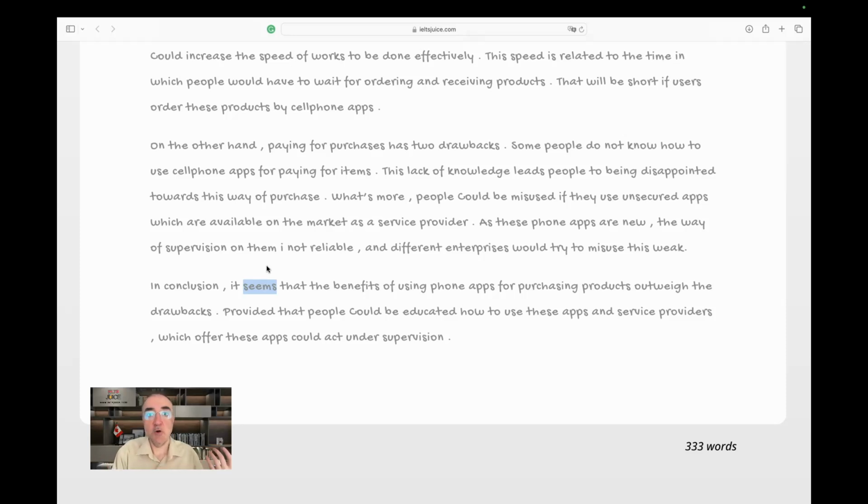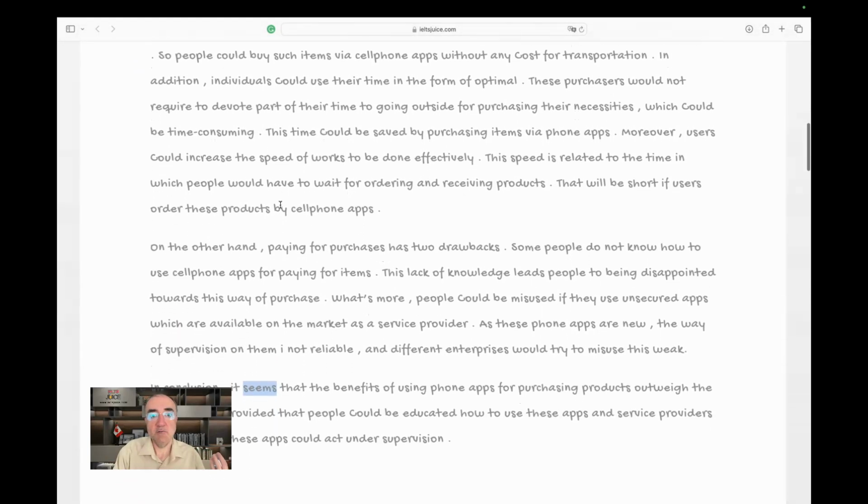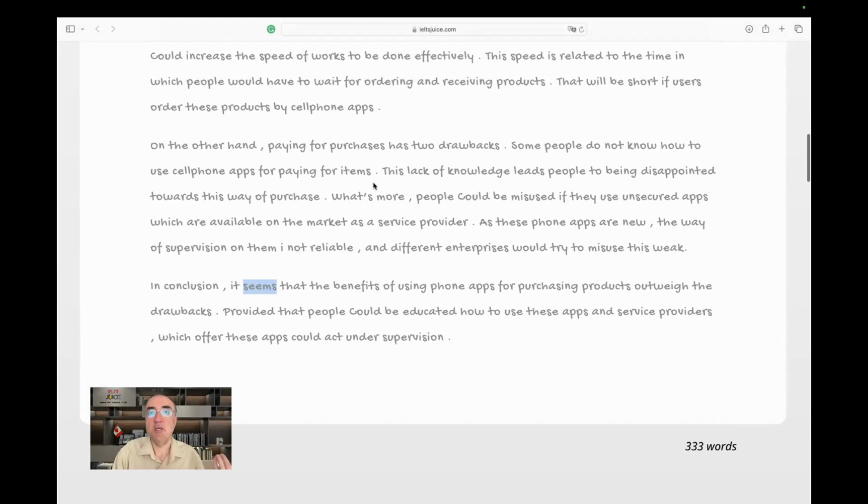The advantages part is this big, the disadvantages part is this big. I am convinced there are more advantages than disadvantages, provided that people could be educated on how to use these apps, and service providers which offer these apps could act under supervision.